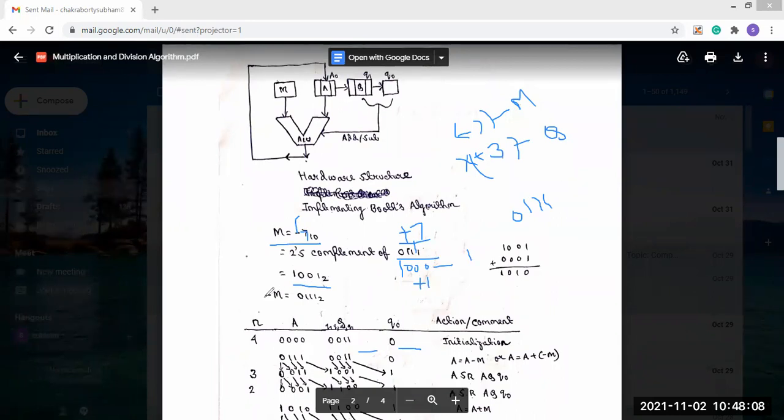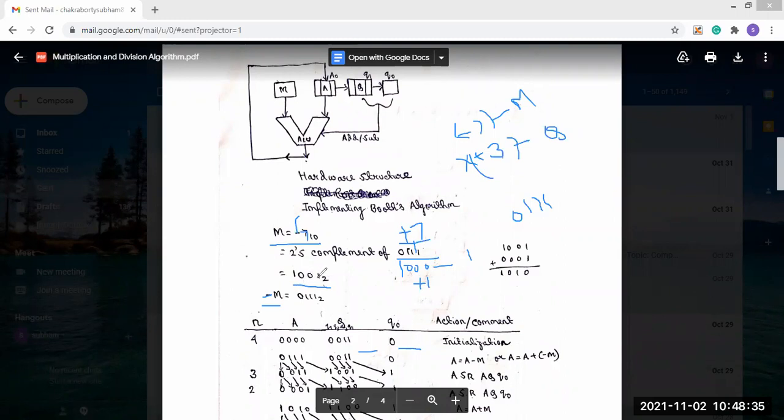And if we have minus m, minus m means we have to take the 2's complement of this number again. Because it is the value of m, but if the value is minus m, minus means we have to make the 2's complement.